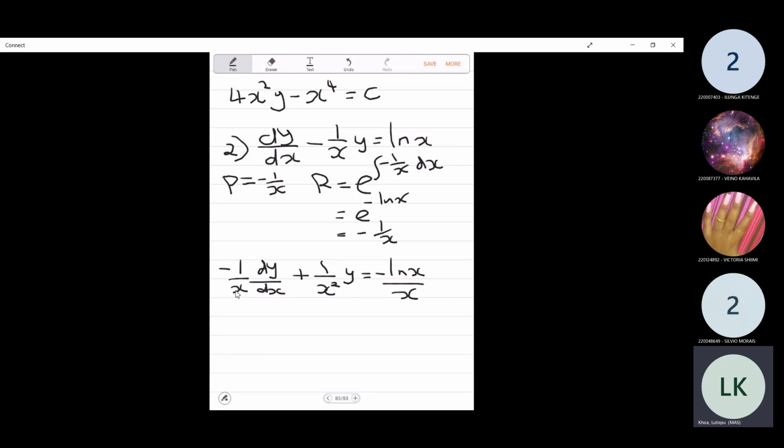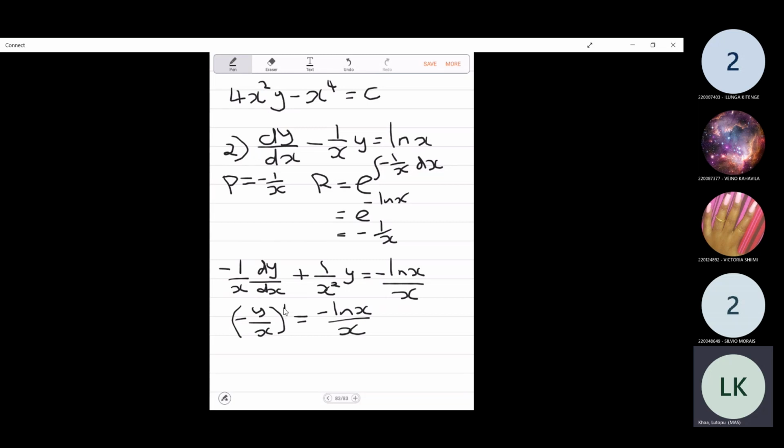The derivative of minus 1 over x is positive 1 over x squared. Here I have y. The derivative of y is dy dx. So I can condense this as the product rule. This is negative y over x prime. This is minus ln of x over x.